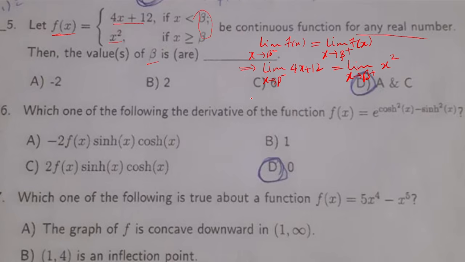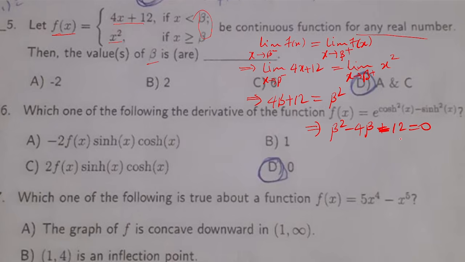And for polynomial functions, limits are found by direct substitution. Therefore, it is 4 beta plus 12 is equal to beta squared. From this, we have the polynomial beta squared minus 4 beta minus 12 is equal to 0.